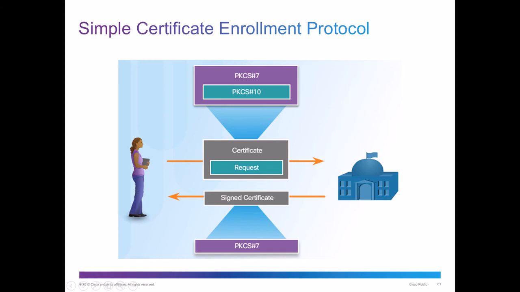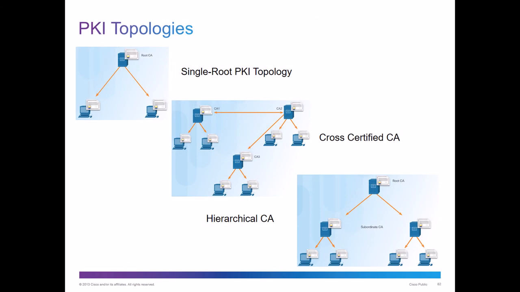Number 7 and number 10 are the most widely used to exchange certificates between you and the certificate authority. For topologies, you can have a single-rooted PKI topology where you have a whole bunch of different certificate authorities, or you can have the hierarchical. You have the big guys, the root, and they have subordinates.